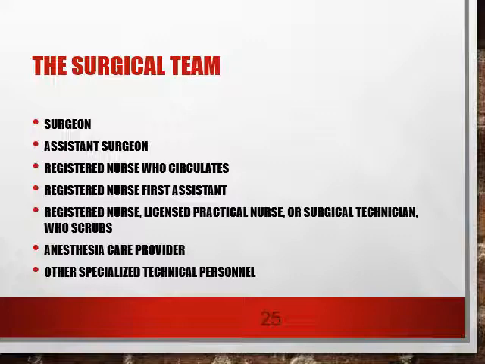Then there's a registered nurse that's an assistant that helps the doctor, so usually sterile. There can be a registered nurse, LVN, or surgical tech, also scrubbing in, an anesthesiologist, and other specialized technical personnel. Now remember, the anesthesiologist or the nurse anesthetist, those are people that specifically have had training on anesthesia.